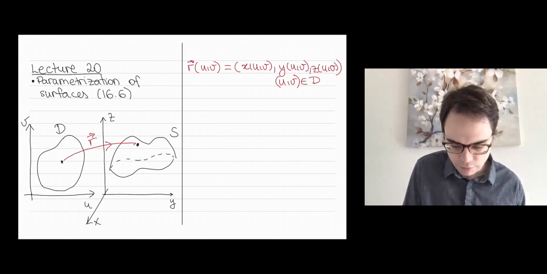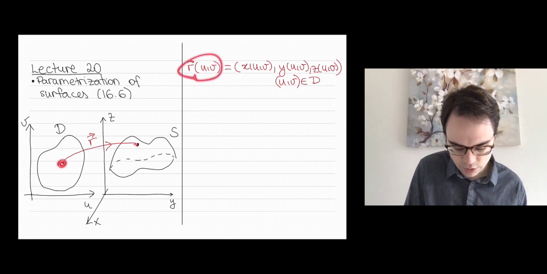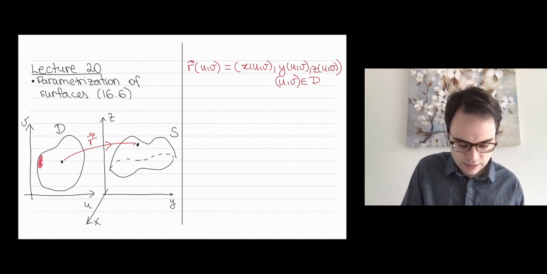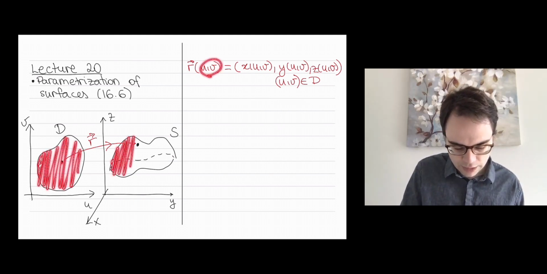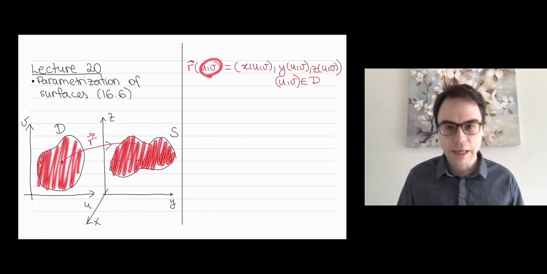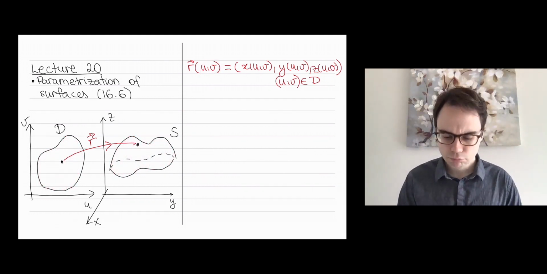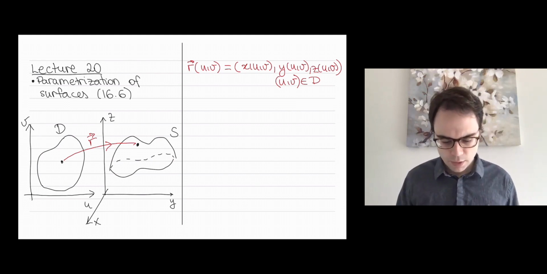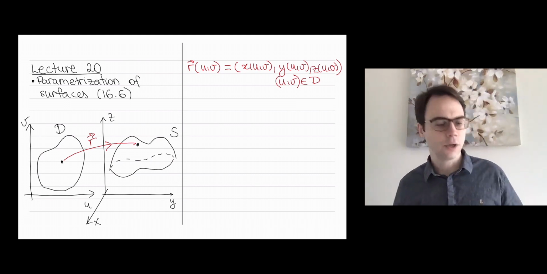This means that for every u and v, R of u v lives on the surface, and every u and v gives me different points on the surface. As u and v range in this region D, the corresponding point will cover my surface S exactly once. I don't want to cover the surface twice. That will be clearer in examples.